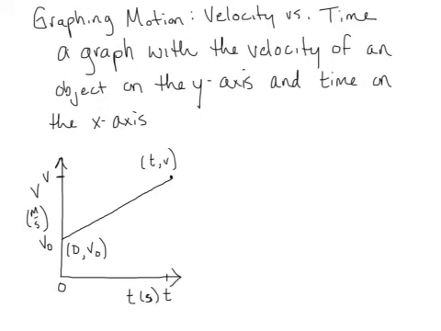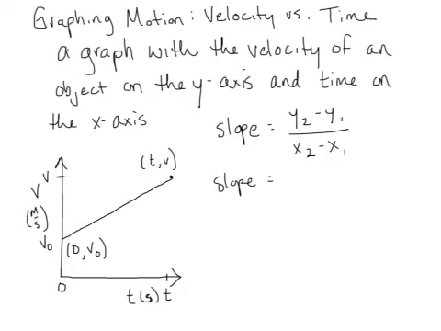So just like we did today in class, we're going to talk about slope. And remember that slope is always going to be y2 minus y1 over x2 minus x1. So in this case, our slope is going to then be v minus v0 divided by t minus 0, which could then just be simplified to v minus v0 over t.